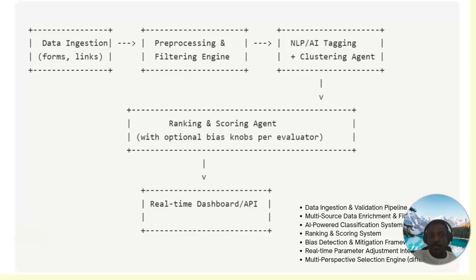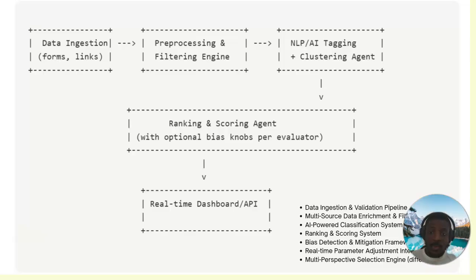from the various forms, we validate the data, then we process it. Now we apply what we call the filtering system, or the filtering engine. In this place, we want to filter, for example, we want to say we don't need this certain information from this particular candidate or user, so let's take it out. So we basically create that filter system.